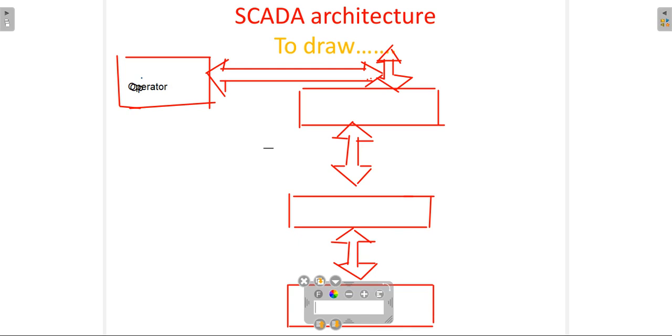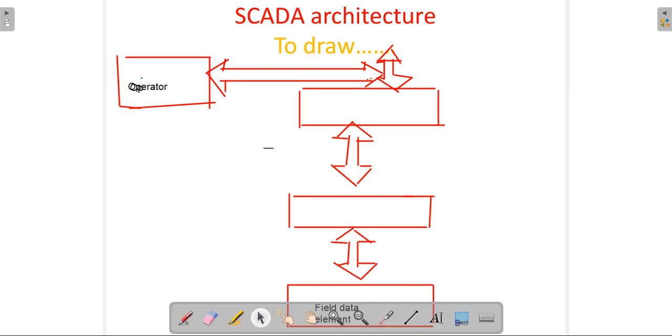Then here you have this is a field data element. This is field data element, right? Then you have here the next one.